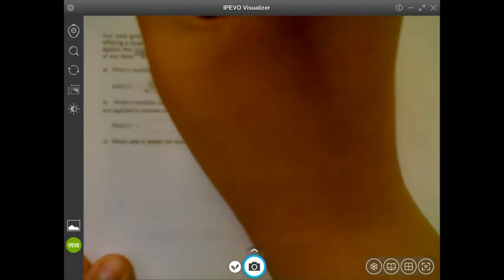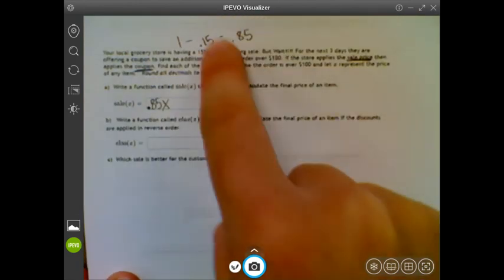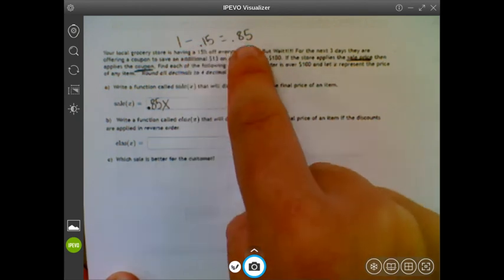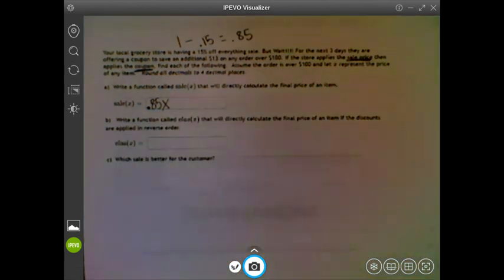Out of the whole 100%, the actual value of the item, it's taking off 15%. So essentially what we did was 1 minus 0.15 to get how much we were actually keeping. So this is how much off, and this is how much is being kept in terms of our percents. So we're going to keep 85%.